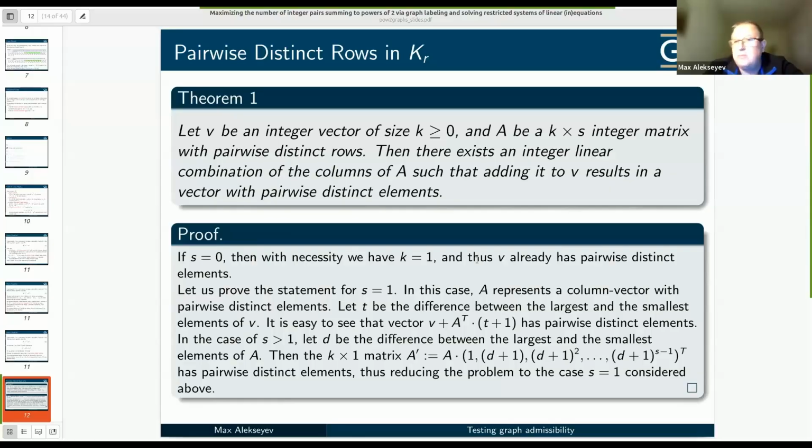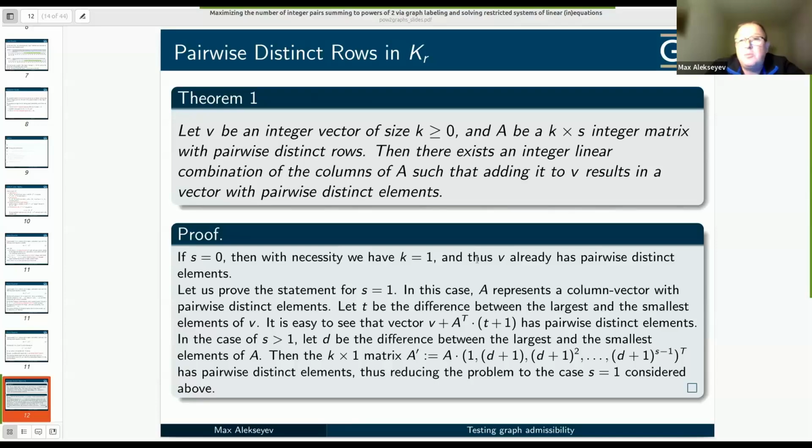V may be composed of distinct elements, may be composed of all equal elements. Some elements may be equal between themselves, some others may be equal between themselves. Doesn't matter. We can always come up with a suitable linear combination of the columns of A that will make the result of this summation contain pairwise distinct elements.